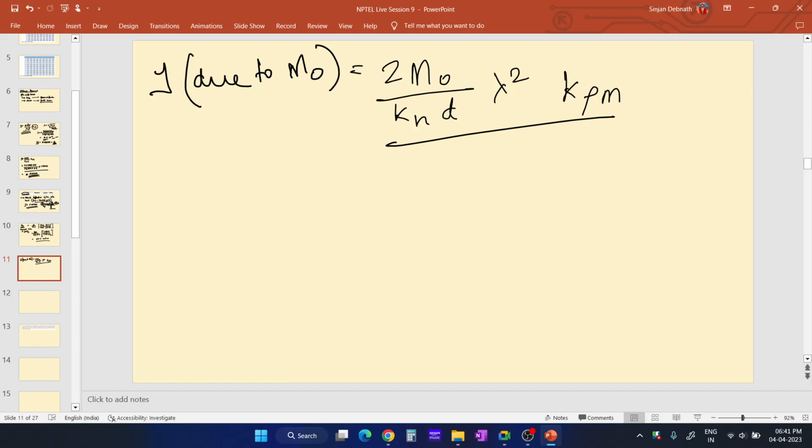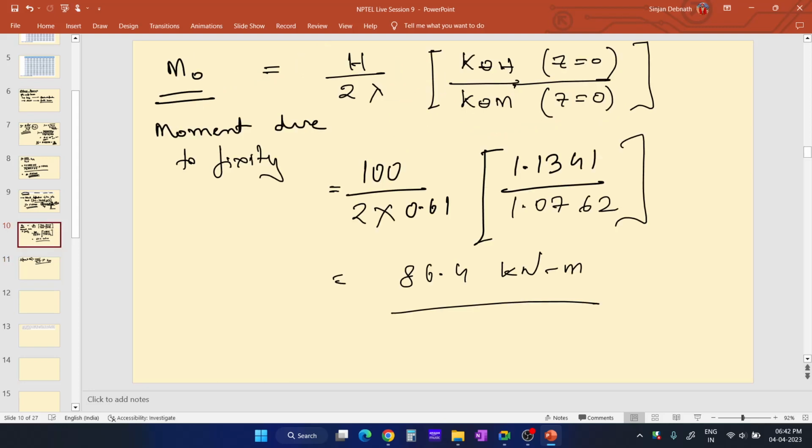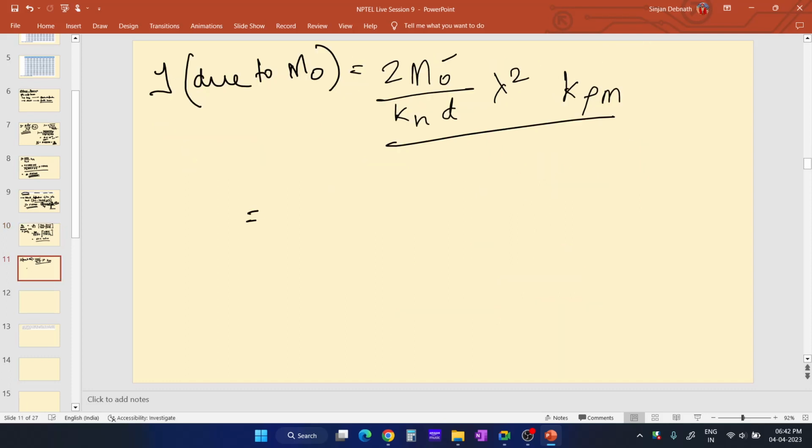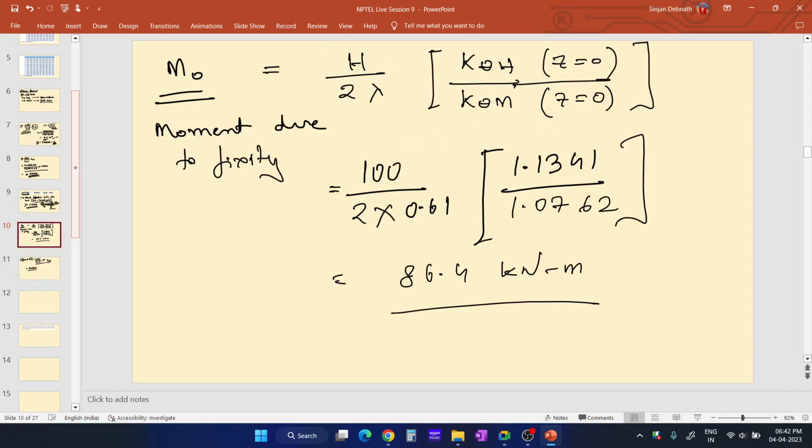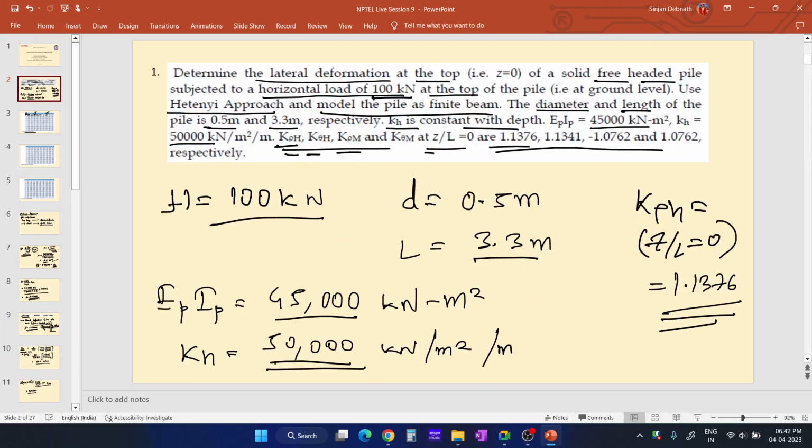Okay. So now we need to just incorporate the values of all the parameters into this equation. So let me see what we know. We know the value of m0 we have already determined. M0 is 86.4. So 2 into 86.4. Kh is the horizontal subgrade modulus.